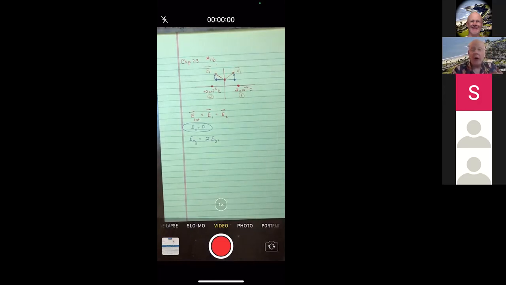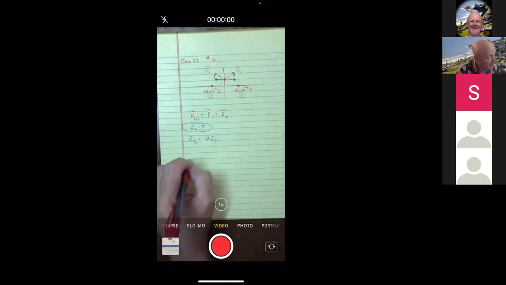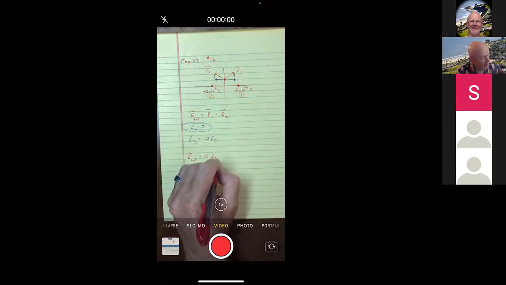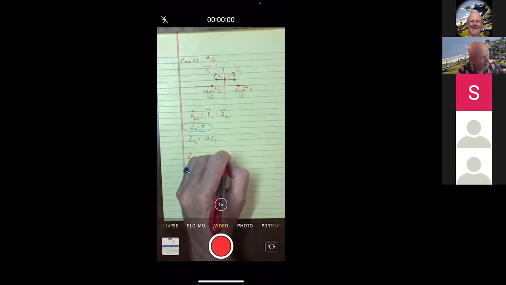What I want to emphasize before I dive into plugging and chugging in the mathematics is to make sure you see the physics, make sure you're reading the math, and what each of these mean along the way, okay? So I'm going to make this problem very simple on myself, because I know that the total electric field is going to be twice the magnitude of the Y component of number one, and then it's all up.